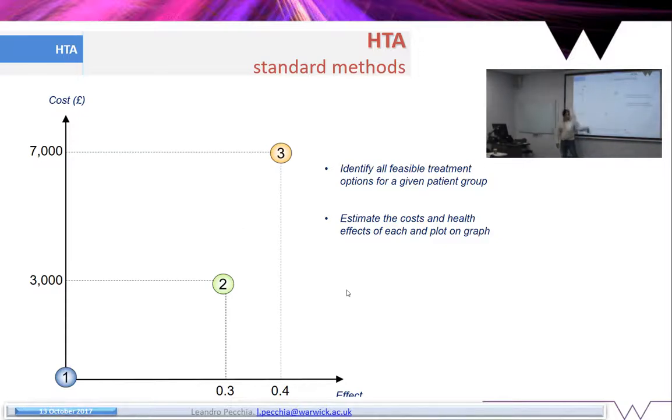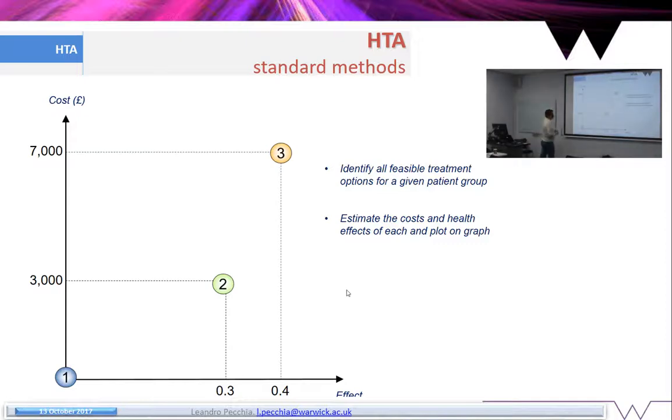Technology number 3 is more effective. It's increasing the clinical outcome by 40%, which means reducing mortality by 40%, or reducing pain by 40%, or prolonging life at a good level of quality by 40%, whatever it means. But the first one costs £7,000 more than the benchmark.